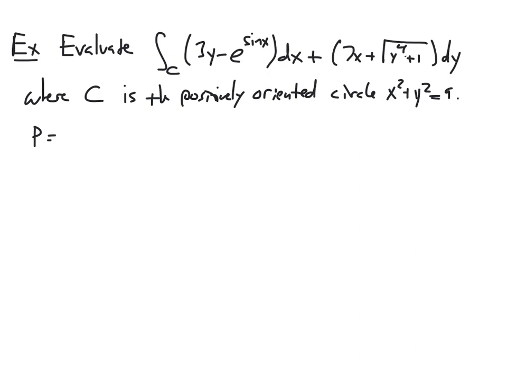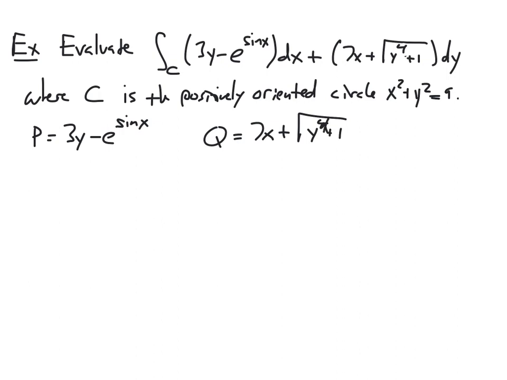Our function P is 3y minus e to the sine x, and our scalar field Q is 7x plus the square root of y to the fourth plus 1, and that's a 4 again.